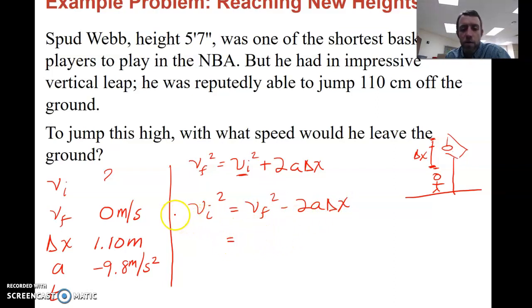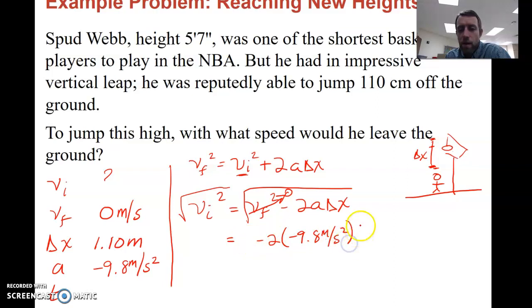Now, of course, we have to take the square root of both sides, because we don't want VI squared, we want VI. So VF is 0, so that's 0. So we're left with negative 2 times negative 9.8 meters per second squared times 1.10 meters. That's the displacement. We put that under the radical.